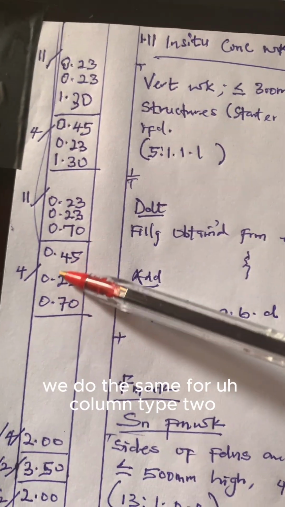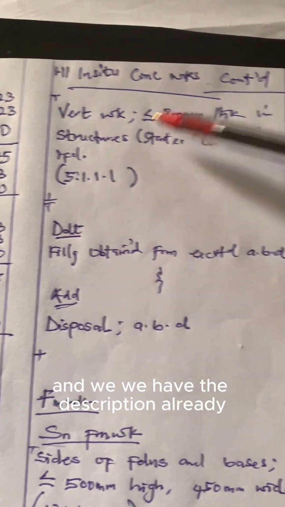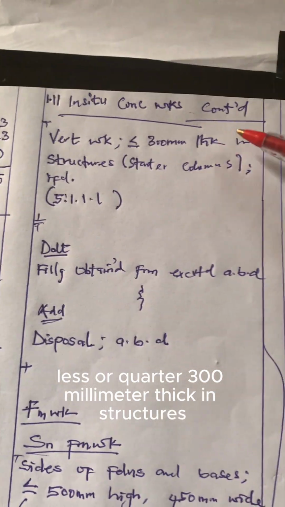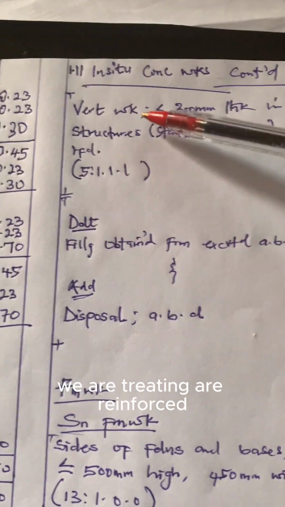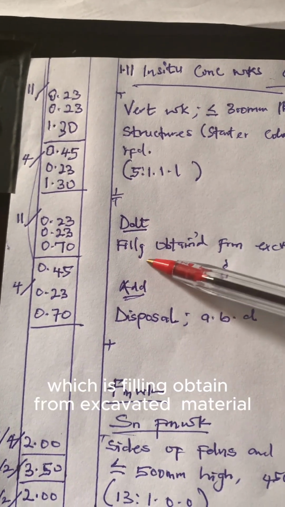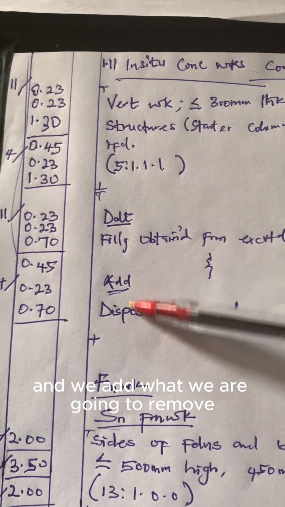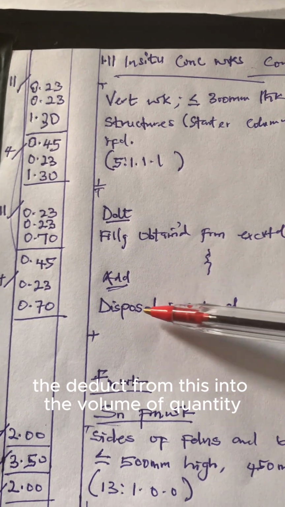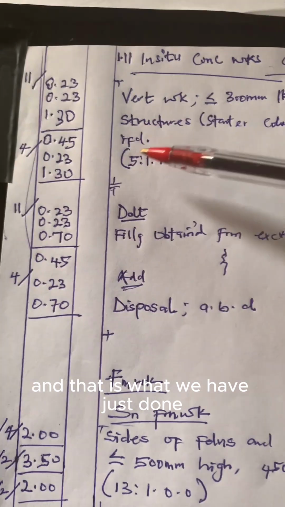We do the same for column type 2, and we have the description already: vertical work less or equal to 300 millimeter thick in structures, which is in starter column. And all this concrete you are treating is reinforced. So we look at the deduction, which is filling obtained from excavated material just as we have earlier described, and we add what we are going to remove to the volume or quantity we have for disposal, and that is what we have just done.